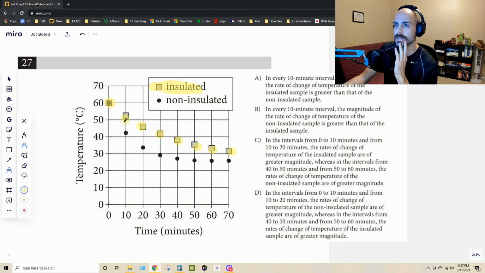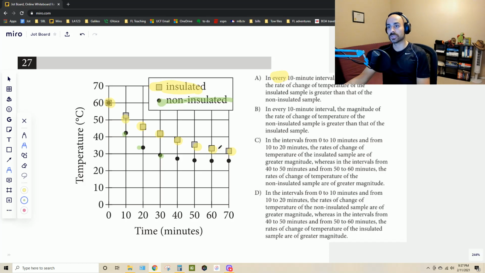Well, the keyword here is every, and what we can see is that at a certain point, it's actually changing less, because the black dot, the non-insulated here, is dropping at a quicker rate at this moment. And then over here, it ends up changing more than the black dot is changing. So it goes in and out, it's fluctuating. So it can't be A.